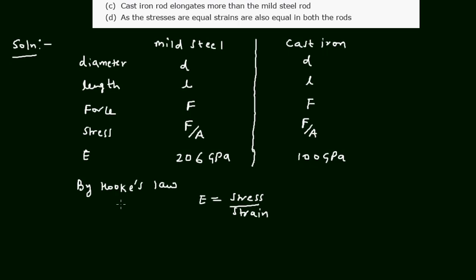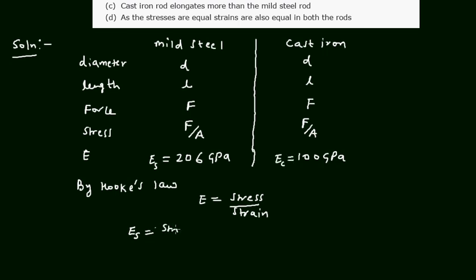Here stress is same for mild steel as well as cast iron. Let's say this is E, S is the steel rod elastic modulus. We can write here ES and EC.